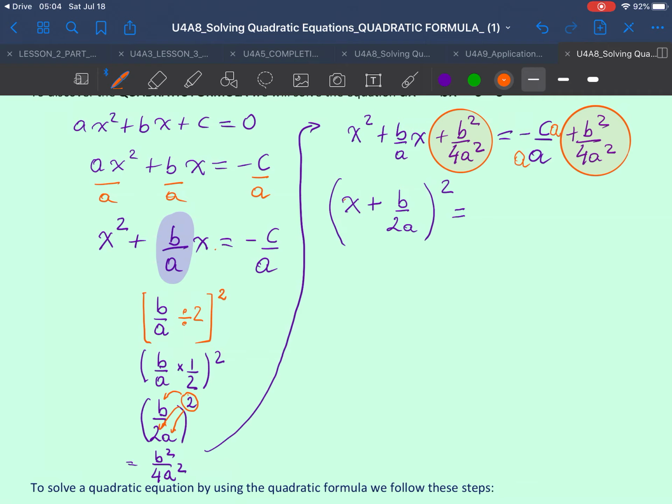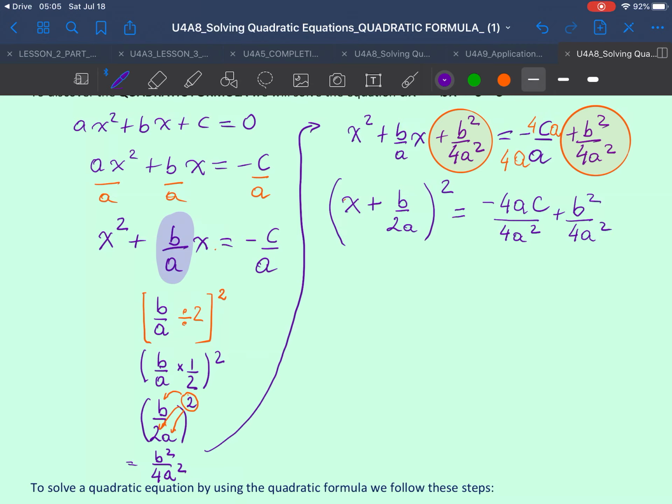And I have to multiply also by 4, so I will multiply by 4 both numerator and denominator. Now the right side of the equation has turned into negative 4ac over 4a squared, and then plus b squared over 4a squared.